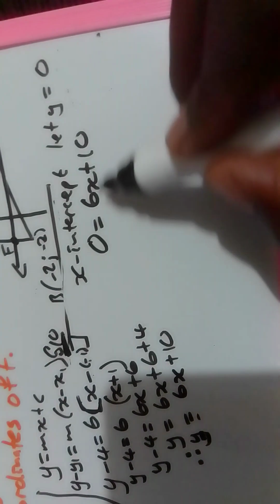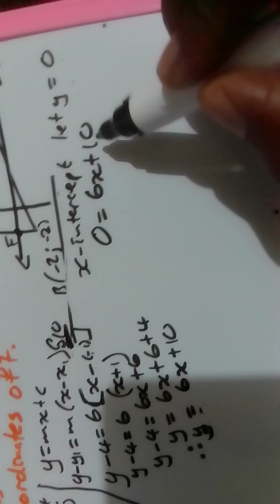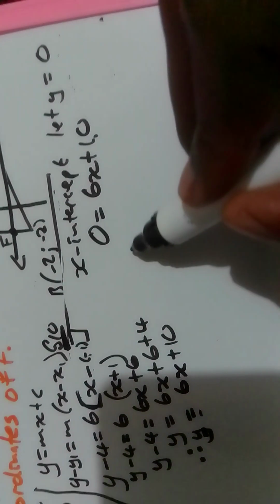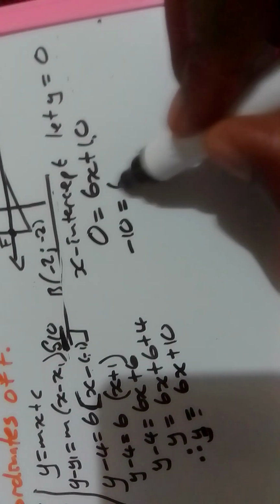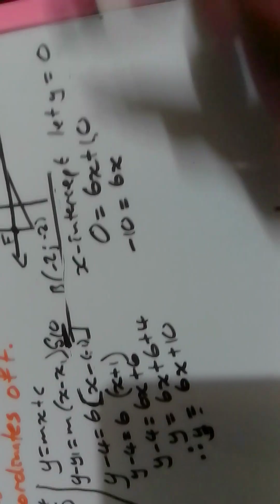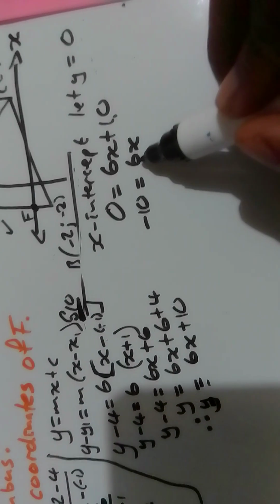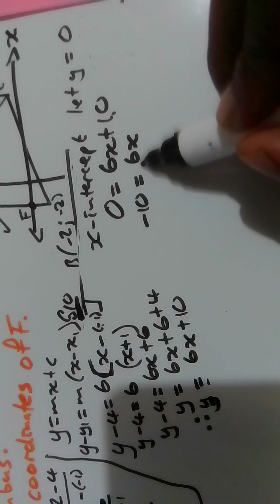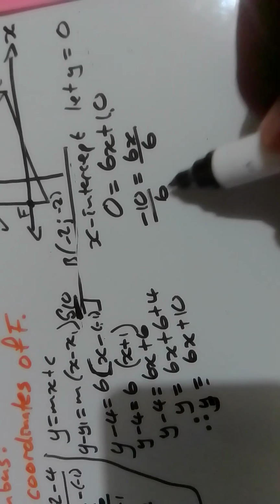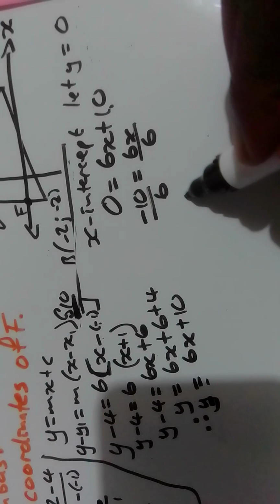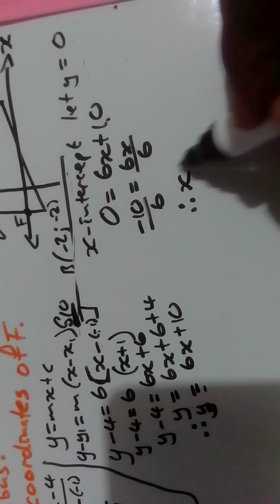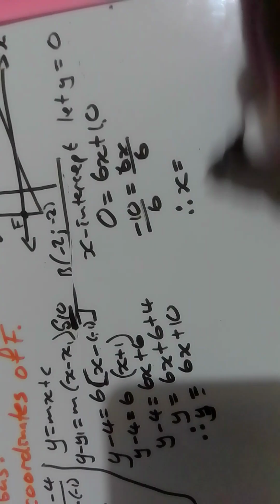We are now finding the coordinate of what? X. So now we transpose this positive 10, it becomes a negative 10 is equal to 6x. From there, we want x, so we divide by 6, we divide by 6. Then we come to the left side, we say therefore x is equal to 6 into 6 is 1.